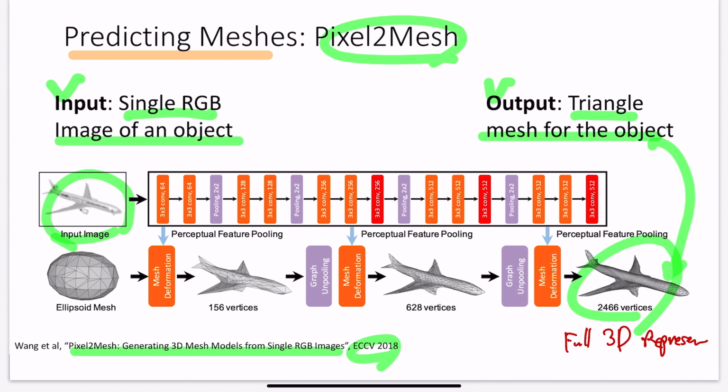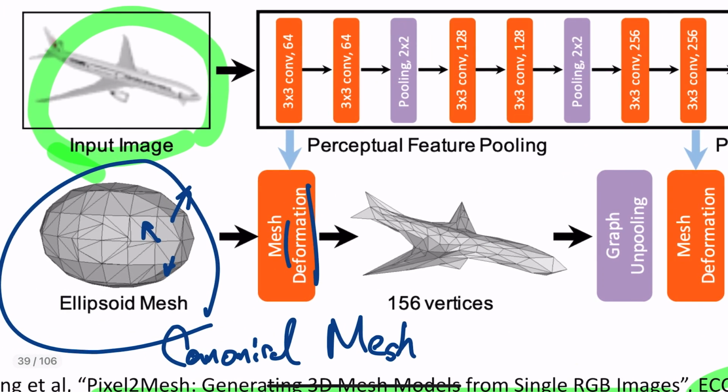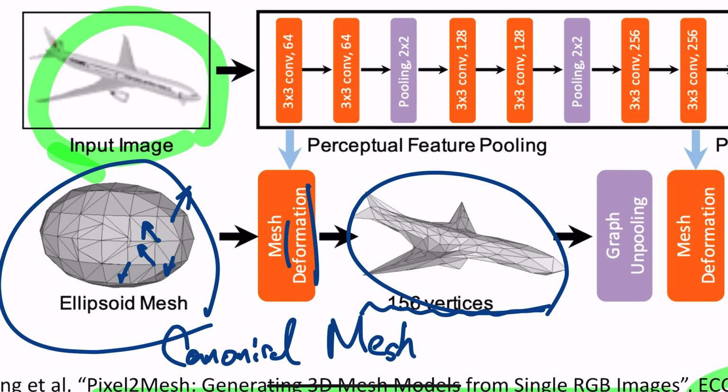How can we solve this? At a high level, it starts from an ellipsoid mesh, like a canonical mesh model, and deforms each vertex like this, or like this, to make the ideal mesh corresponding to the input image.